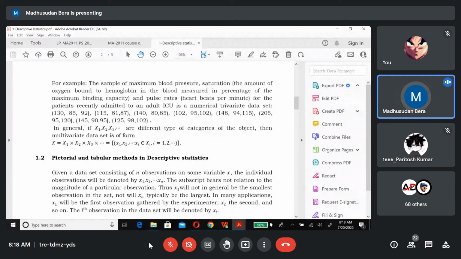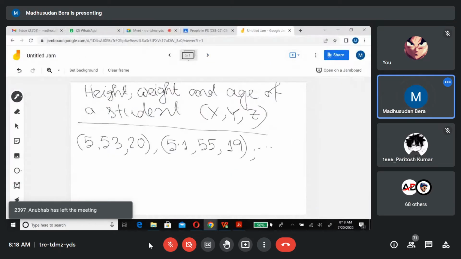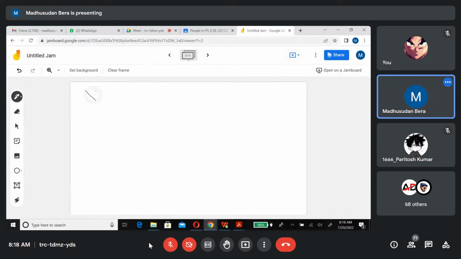In fact, there will also be n-variate data, so x1, x2, xn, that way we can write. Basically, bivariate is an ordered pair (x, y), trivariate is (x, y, z), and n-variate is (x1, x2, up to xn). For univariate data, we write just x.